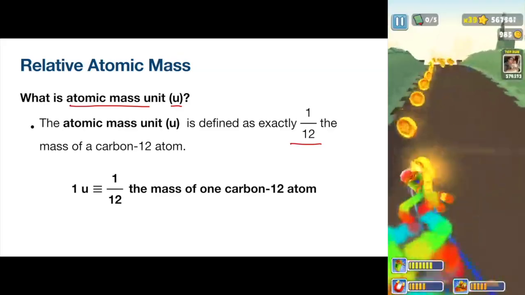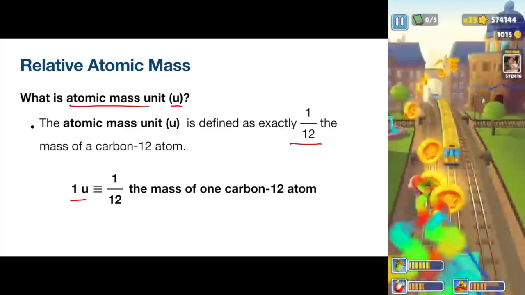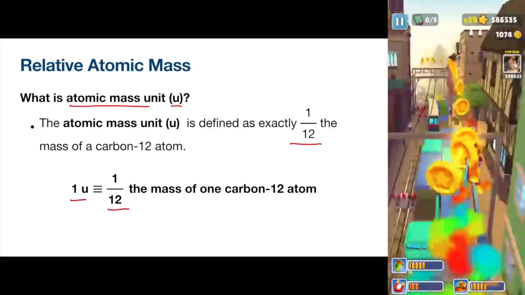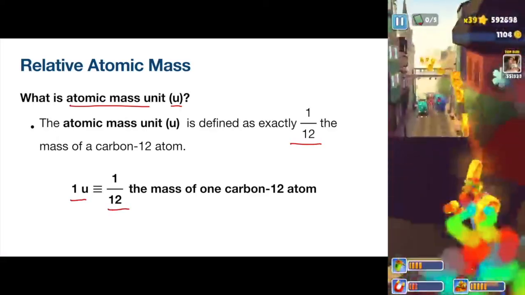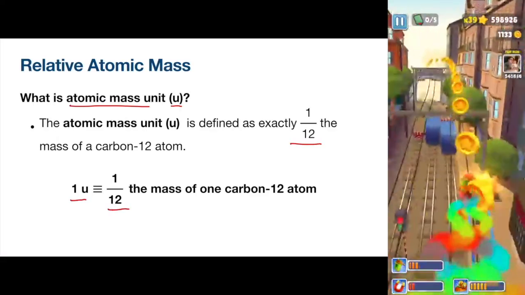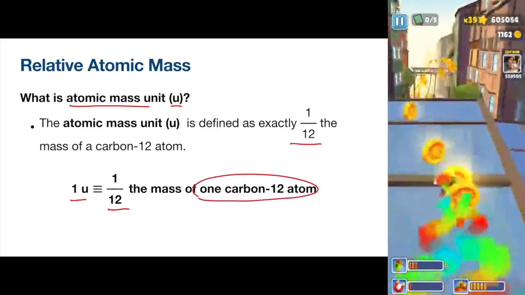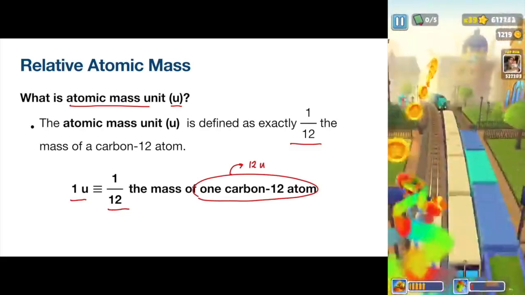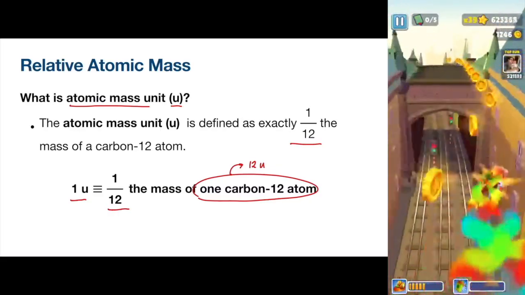This definition is also described in this formula. Now, if one atomic mass unit is exactly 1/12 of the mass of a carbon-12 atom, then the mass of one carbon atom is also equal to 12 units, or 12 u. Why is this so?